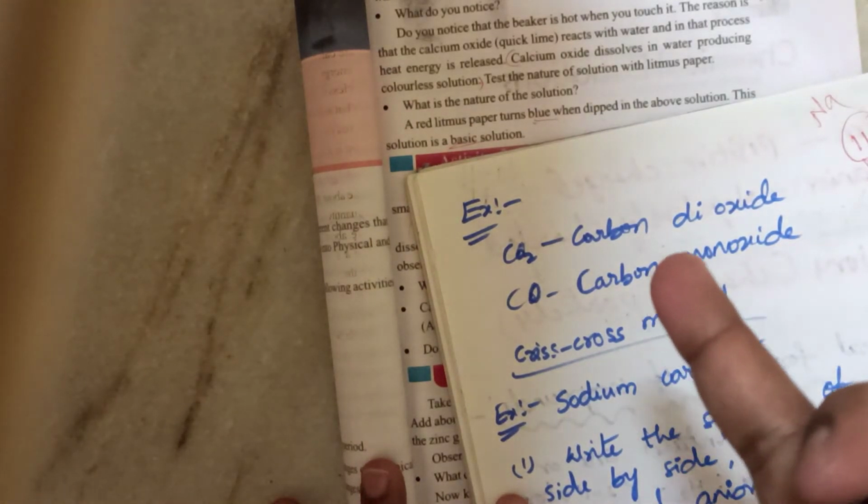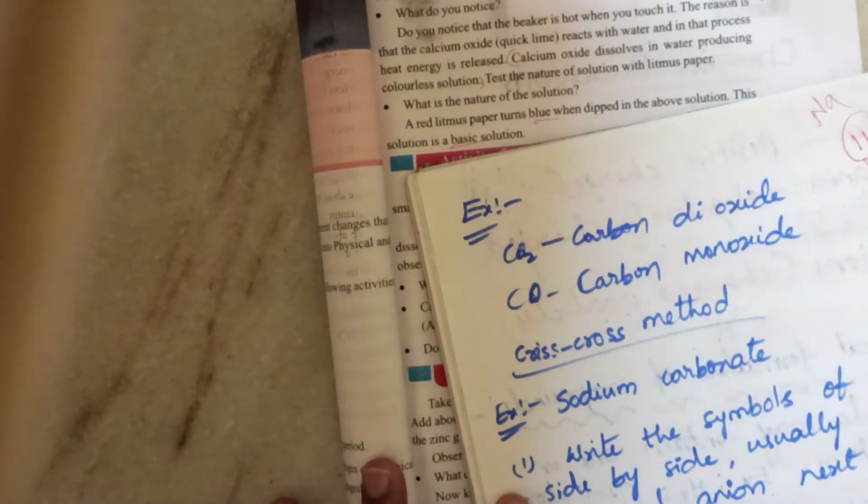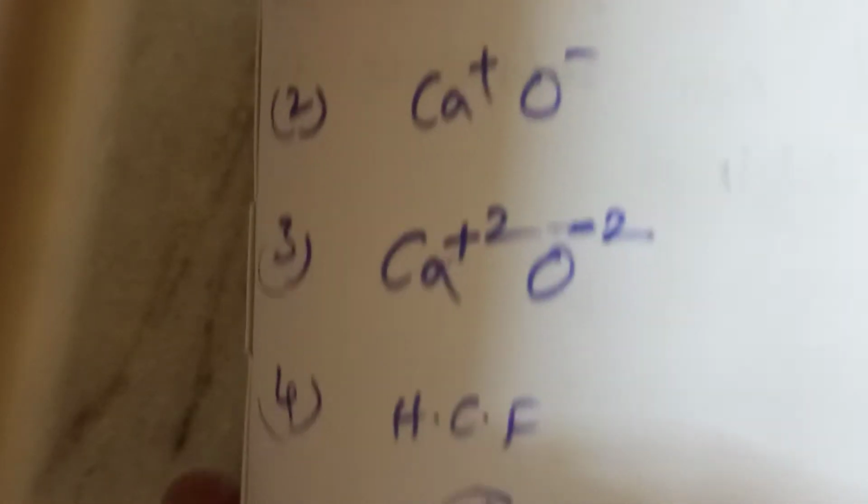Here they have directly given calcium oxide. In the previous class we found that the chemical formula for calcium oxide is CaO. Now I am going to start with activity 1.